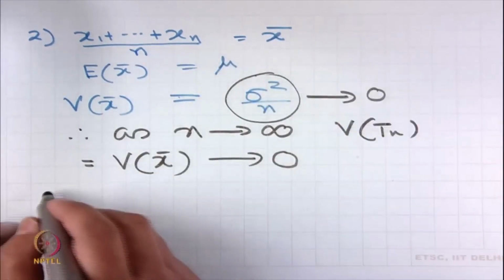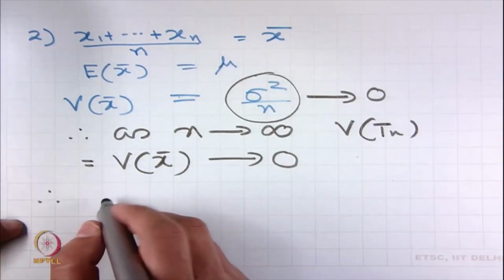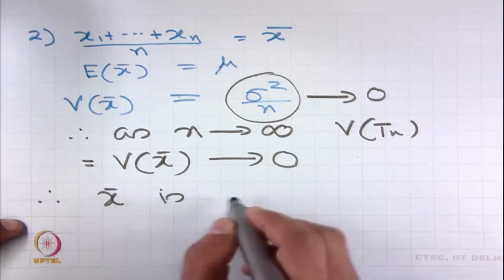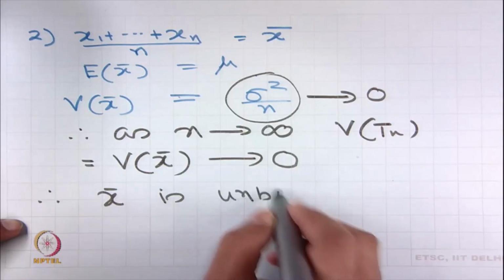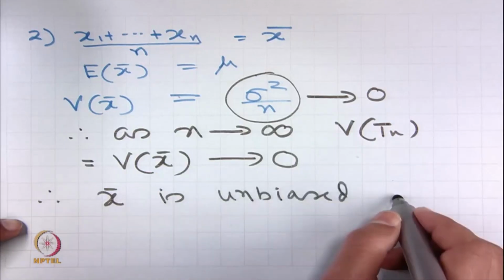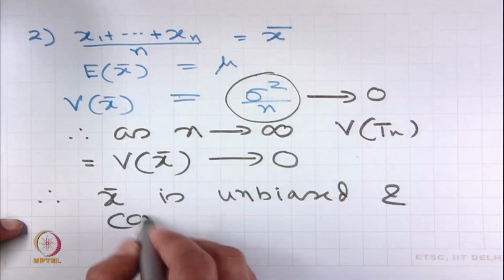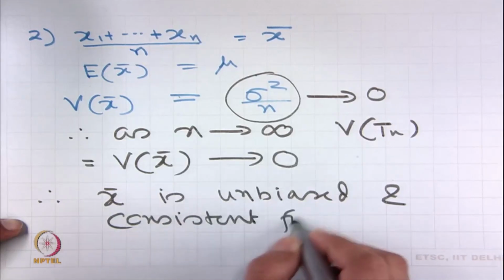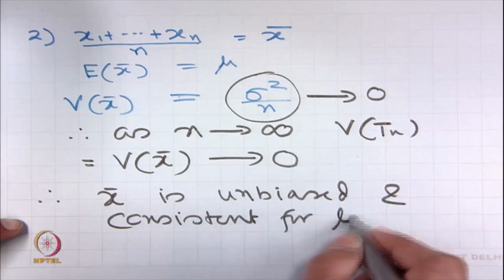Therefore, by the above theorem, x bar is unbiased, but that is not important, and what is important is that it is consistent for mu.